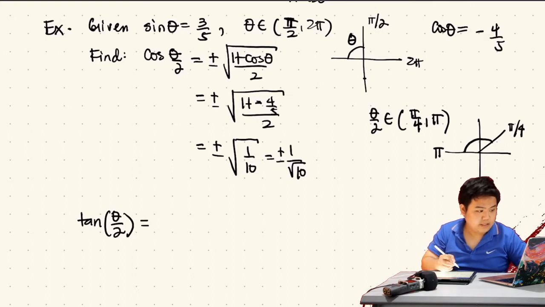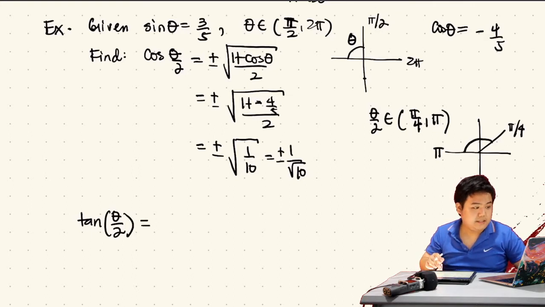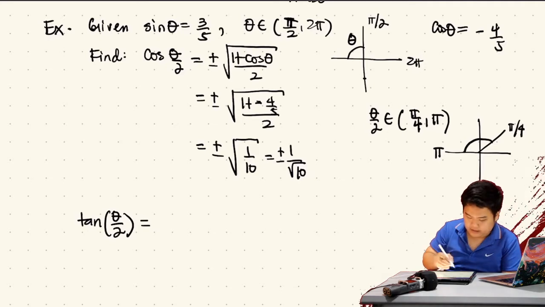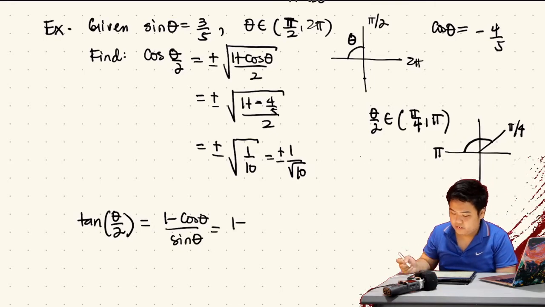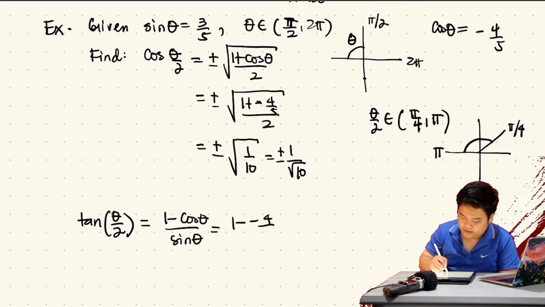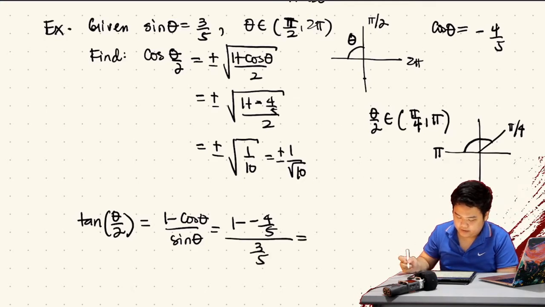Which is, ano sabi ng formula? This is 1 minus cosine theta over sine theta. So, 1 minus, anong cosine theta? Negative 4/5, sine theta 3/5. Okay, so this is 1 plus 4/5. Basta ang sagot dito, this is positive.